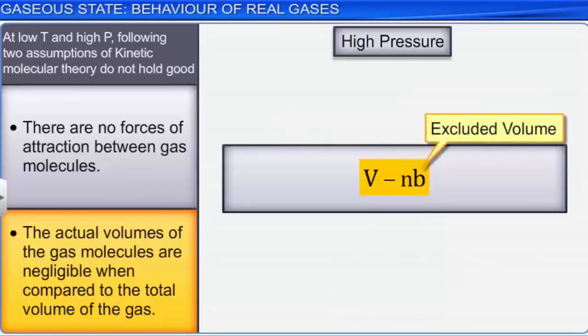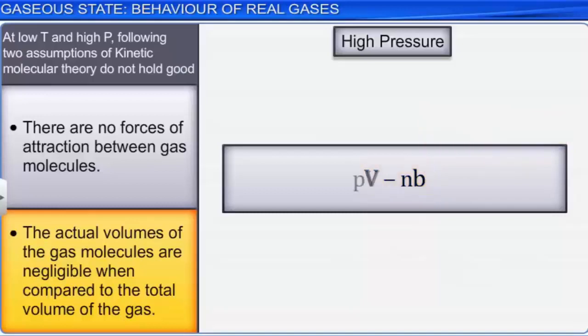After substituting the two corrections of pressure and volume in the ideal gas equation, PV is equal to nRT, we get P plus AN square by V square multiplied by V minus NB is equal to nRT. This equation is known as van der Waals equation.